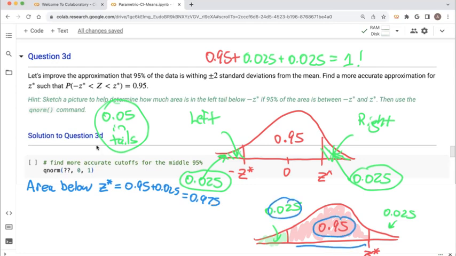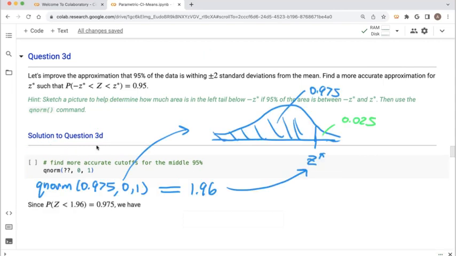And the corresponding area below that z star value, therefore, is the other 97.5% or 0.975. So I'm going to enter that 0.975 into the qnorm function below, and the output tells me that the positive z star value is 1.96, and therefore the negative z star value is -1.96.